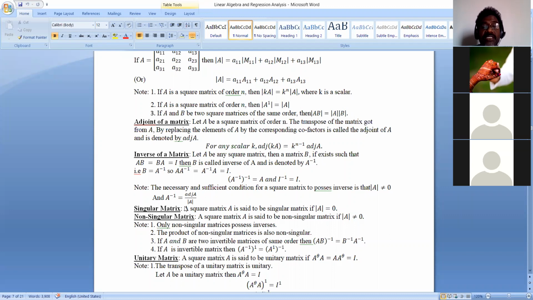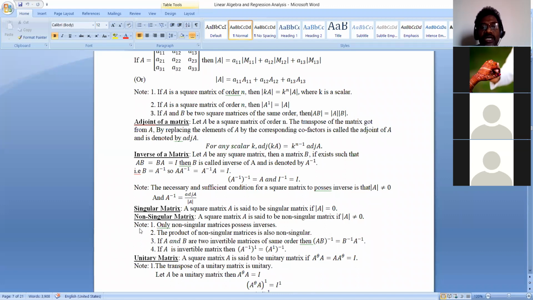Next, based on the determinant of A value, we come across two types of matrices, singular and non-singular. A square matrix A is said to be singular if determinant of A is equal to 0. If determinant of A is not equal to 0, then that matrix is called non-singular. Only a non-singular matrix possesses an inverse.